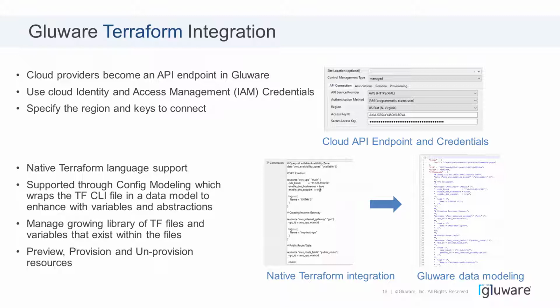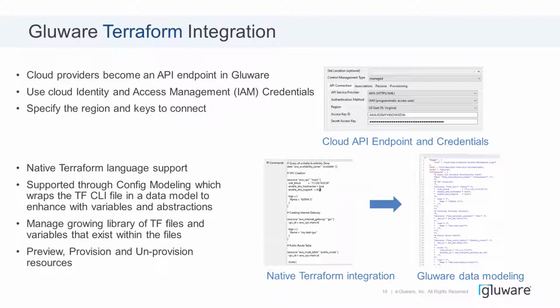In that Terraform CLI, you use Terraform just like you would natively, but behind the scenes Gluware is wrapping it in our data modeling technology, which allows for variables and abstraction, and other things our users of config modeling will be very familiar with.